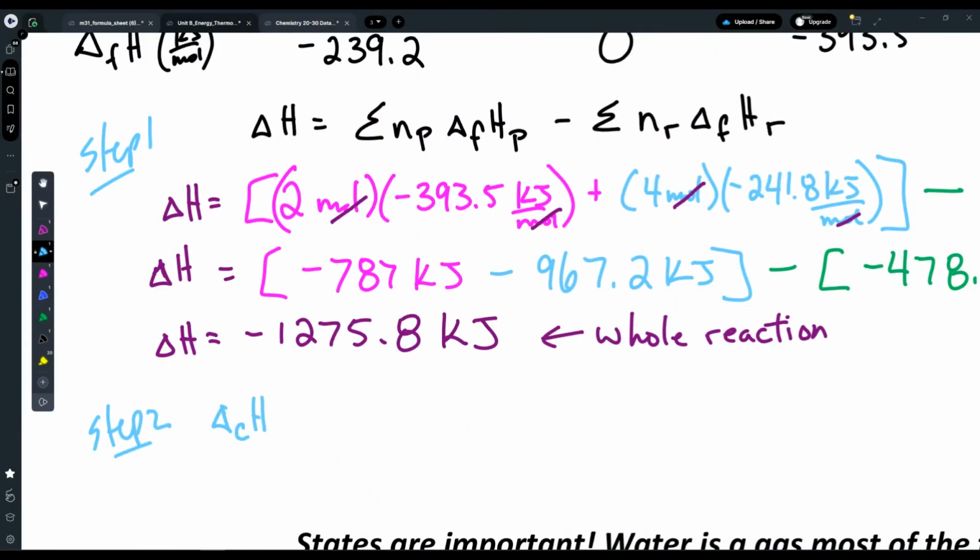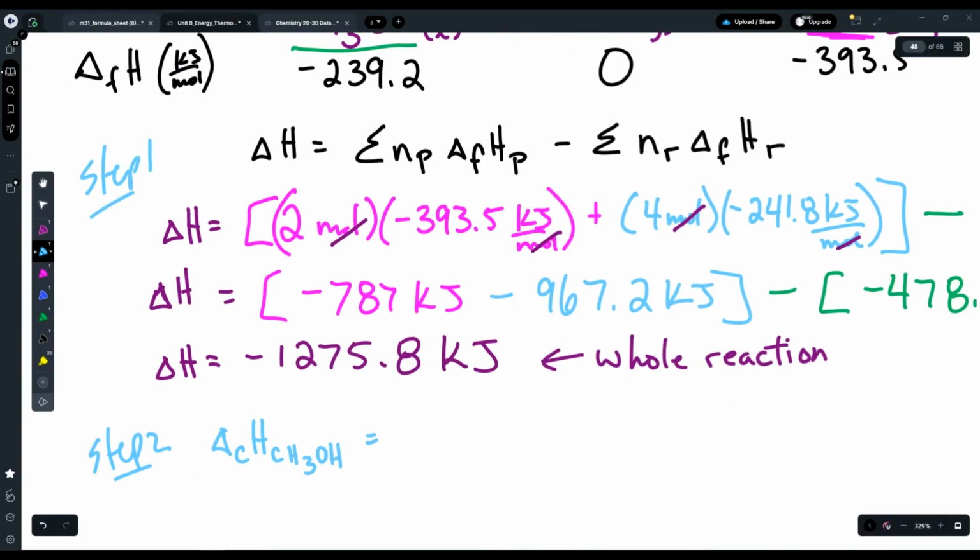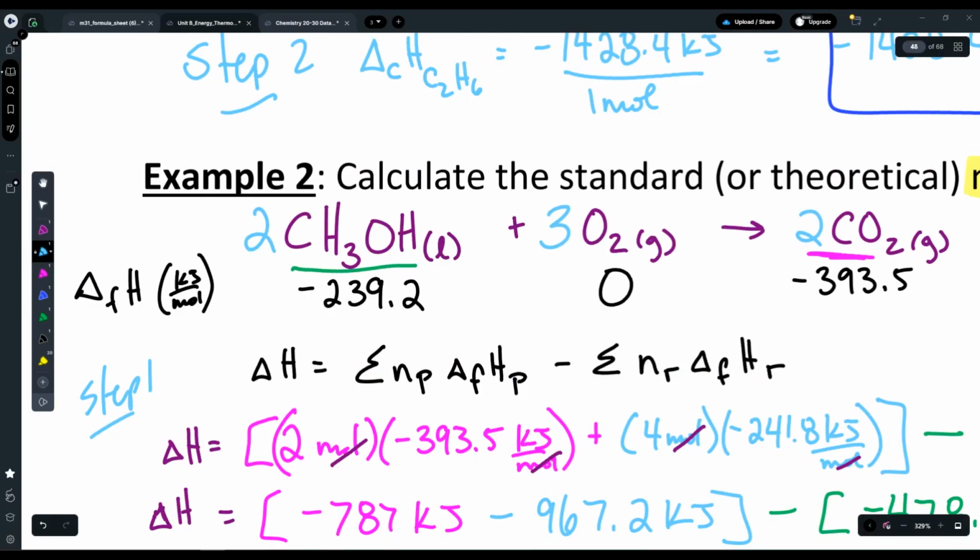The molar enthalpy of combustion for methanol, CH3OH, is going to be equal to our change in enthalpy divided by the coefficient, which is 2.